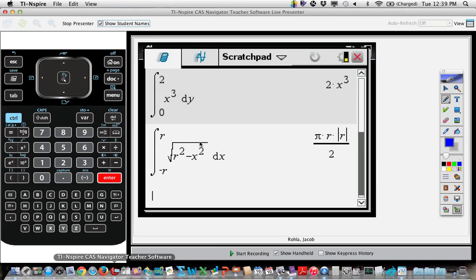Now that's interesting. Why did it do that? I'm not even sure why it does it, to be honest with you, because since you're doing r squared, what they're saying is r is positive. r needs to be positive here. We need to tell it that r was positive.